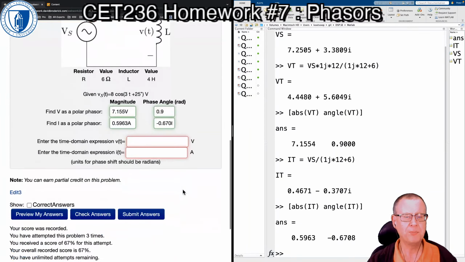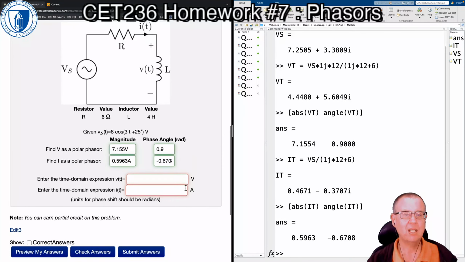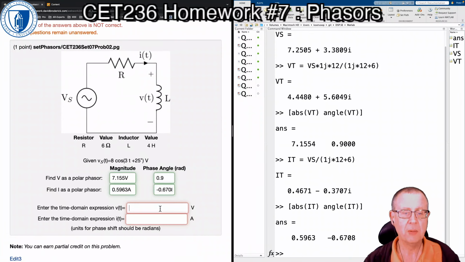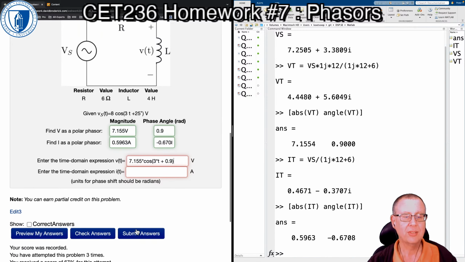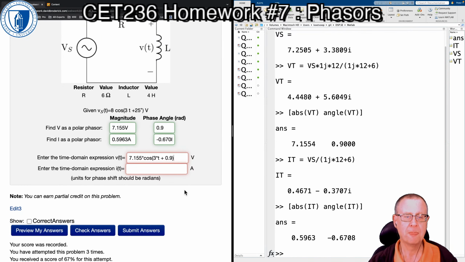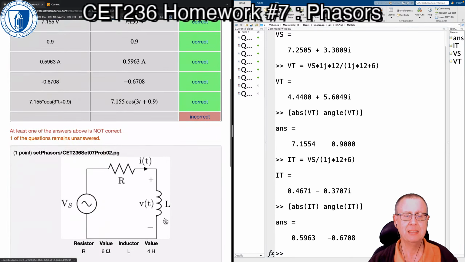That looks good. So then the time domain expression, well, the time domain expression and the phase shift should be in radians, so that it's going to be that times cosine, and it's 3 times t plus 0.9 volts, and let's see if that works. Yeah, it liked that one.